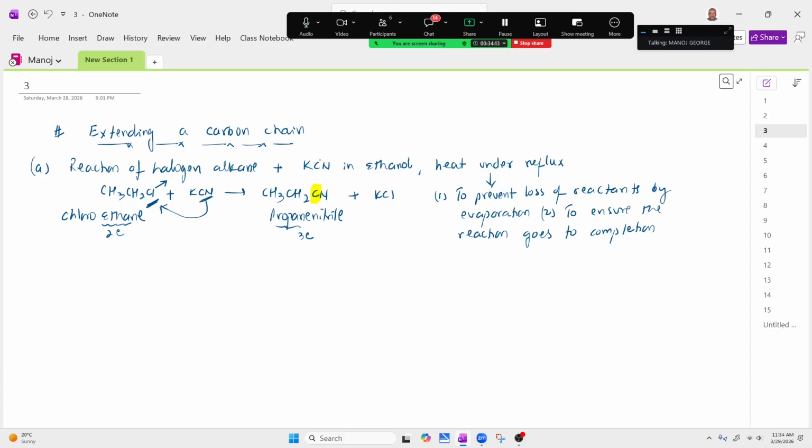You understood how to increase one carbon? Remember, I told you the whole organic synthesis is based on your ability to recall. So you've got to memorize all of this. So KCN in alcohol conditions, heat under reflux, can give you one extra carbon. So this is one way to do it. Everyone okay with it? Give me Y for yes and N for no.